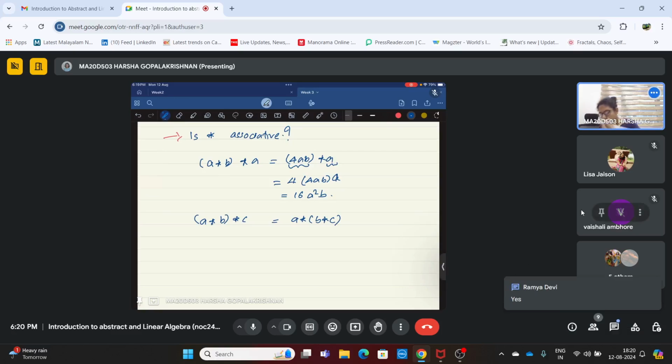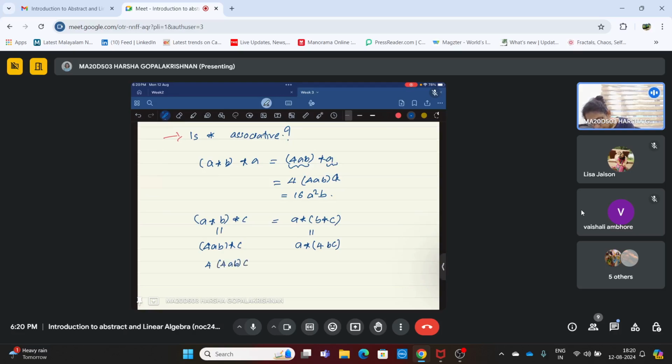Yes, okay. So very quickly we will do the left side first. A star B is 4AB, star C, and here on the right side, B star C is 4BC. I am just applying the definition only. Now, again 4 into 4AB into C, and here 4A into 4BC. Okay.